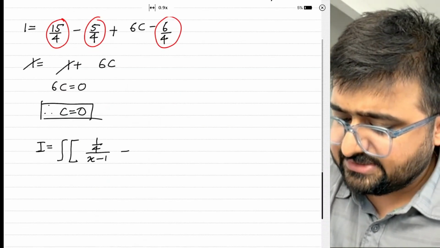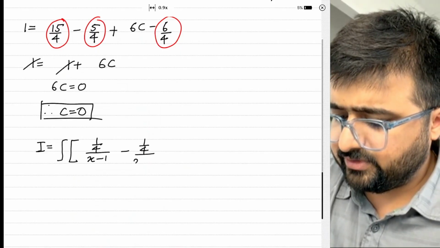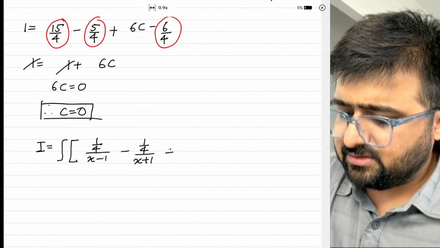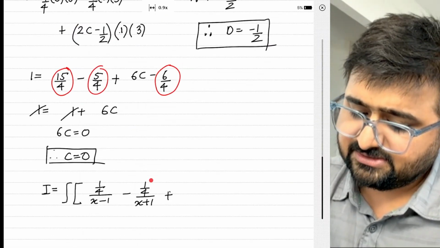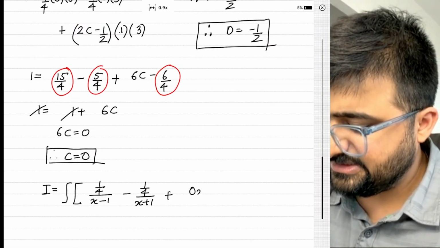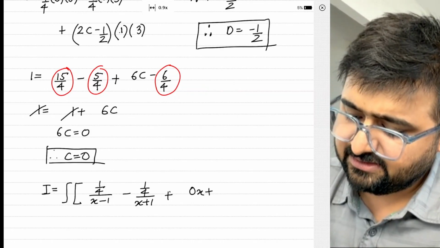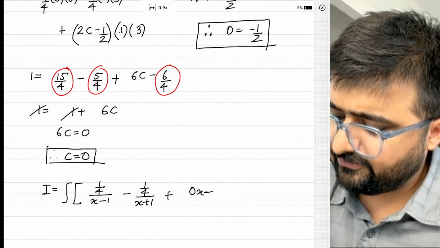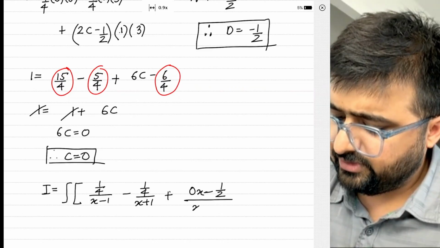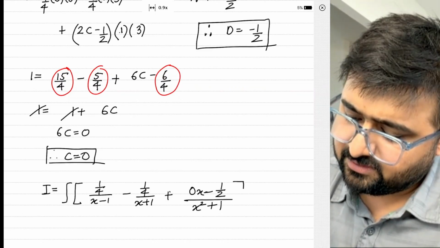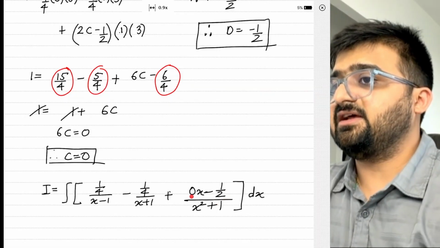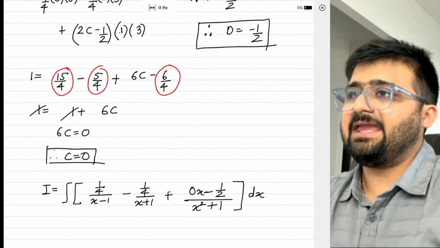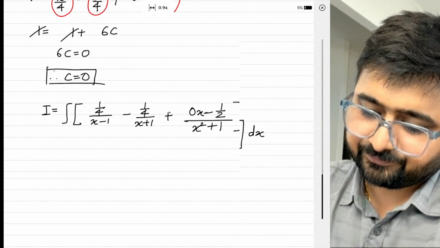So we have minus 1 by 4 over x plus 1 plus we have cx plus d here. c is 0, so we have 0x minus half over x square plus 1 with respect to x. So this is your integral after substituting the values of a, b, c, and d.